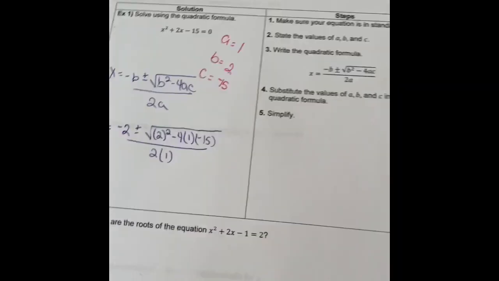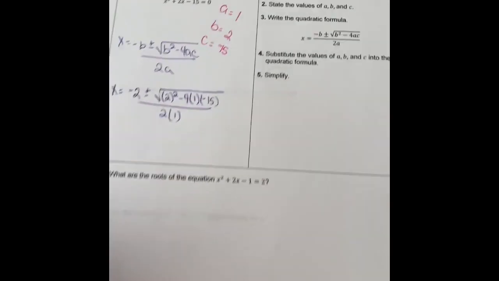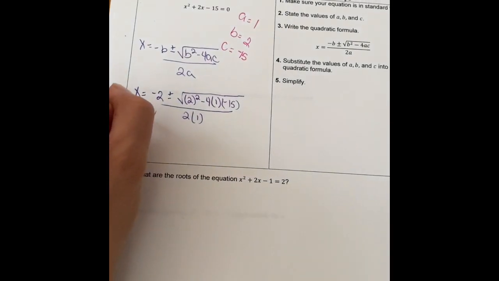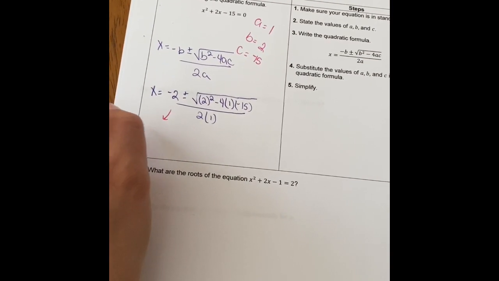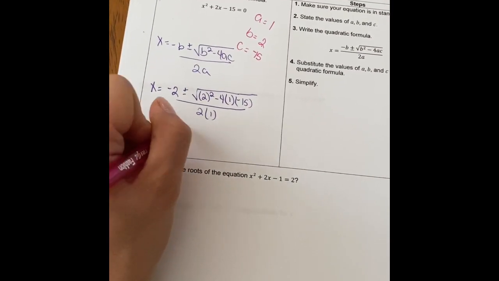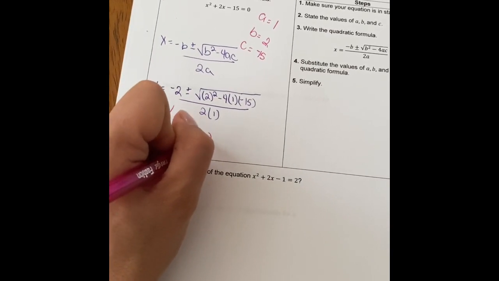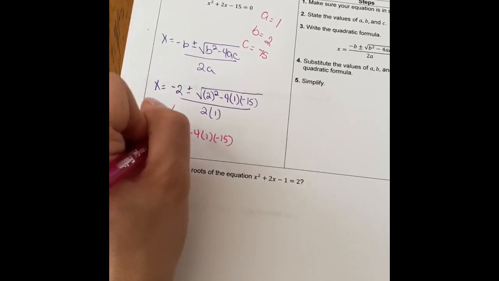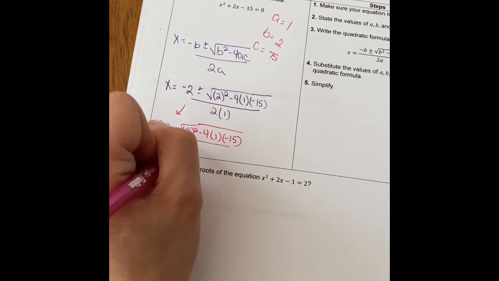So when you guys are here, you're going to type it into the calculator. You're going to type it in 2 ways, and I'll show you a shortcut when you're typing it in, but you're going to have x equals negative 2 plus square root of 2 squared minus 4 times 1 times negative 15 all over 2 times 1.